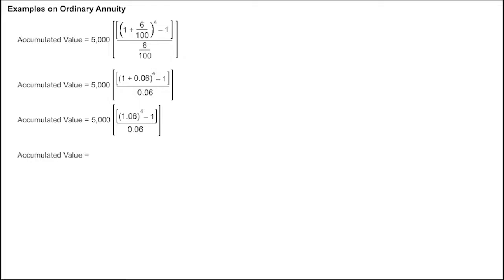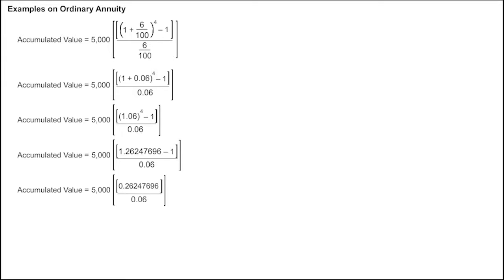Now the value of 1.06 raised to the power 4 is 1.2624796. So when you simplify the numerator, we get 5,000 into 0.2624796 divided by 0.06.